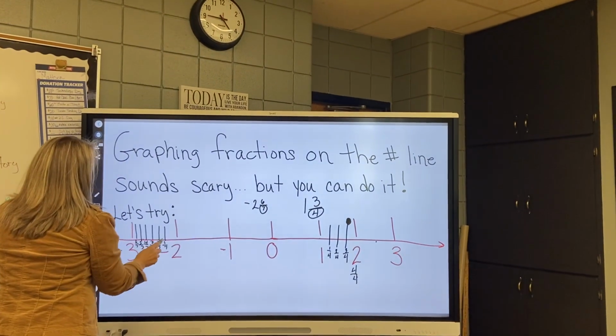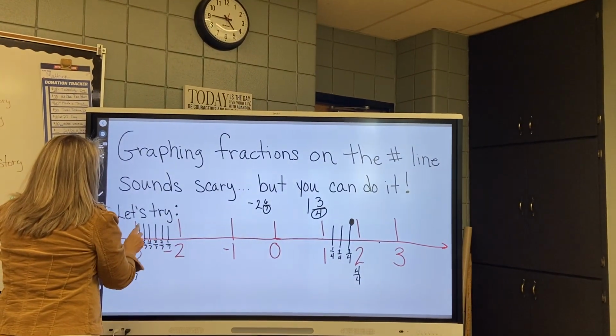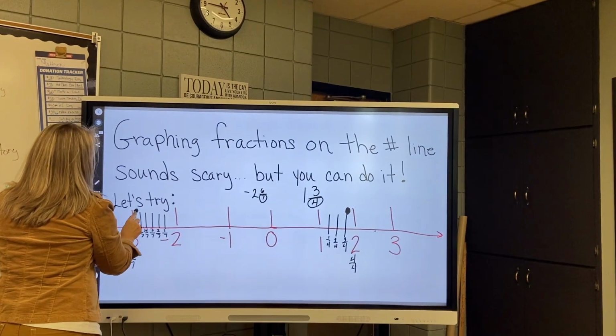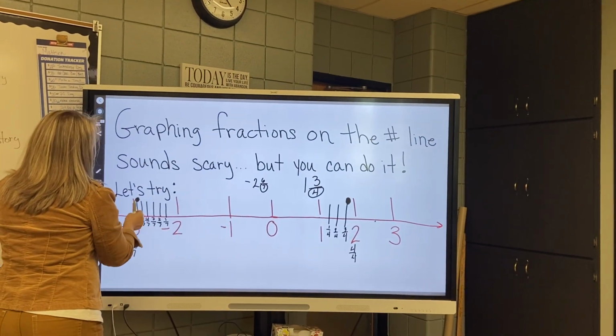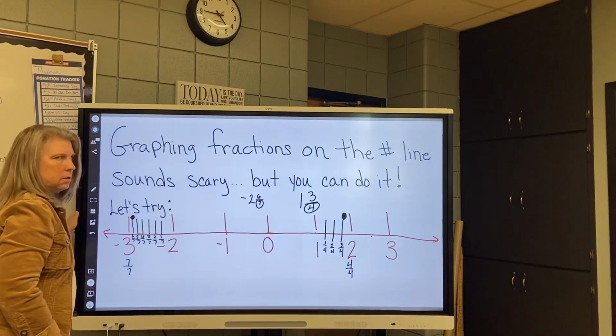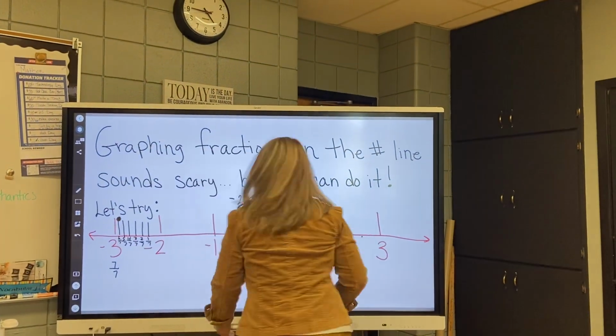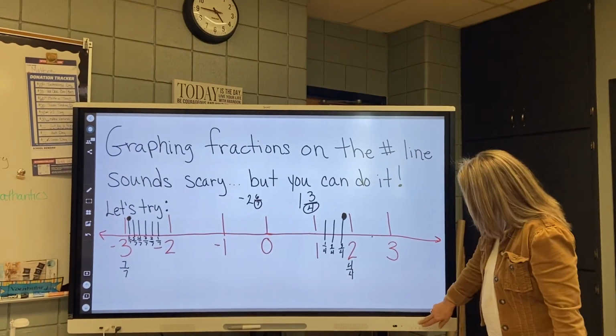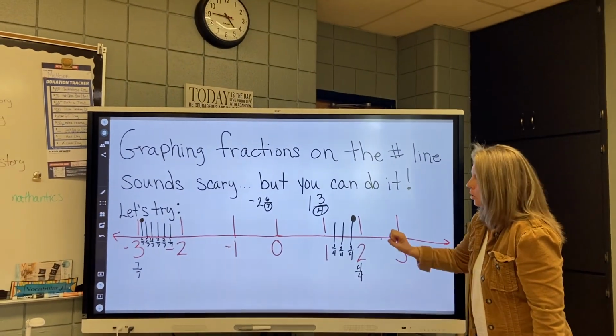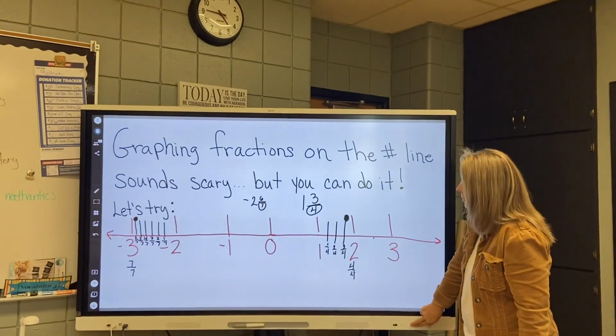So 2 and 6/7: 1, 2, 3, 4, 5, 6. I would graph it right there. That is my graph for 2 and 6/7. Not too bad, is it? Pretty easy? You just have to take your time and think about it and pull all the pieces apart.